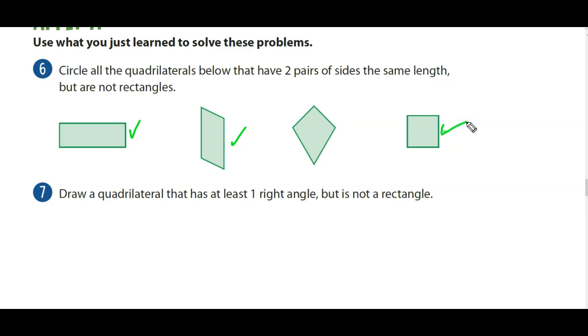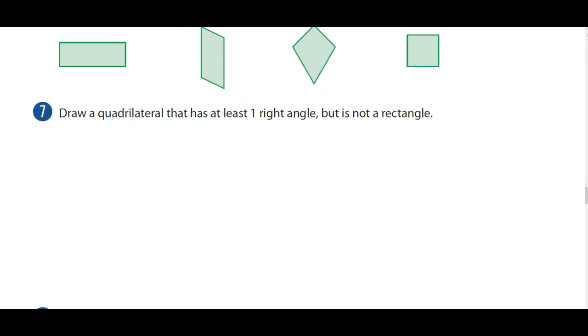Now on a separate piece of paper, draw a quadrilateral with at least 1 right angle that is not a rectangle. It'll look something like this.